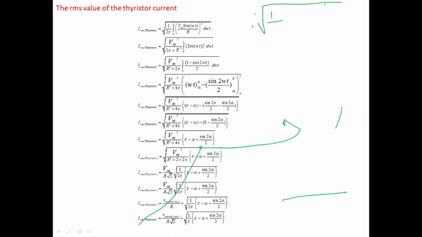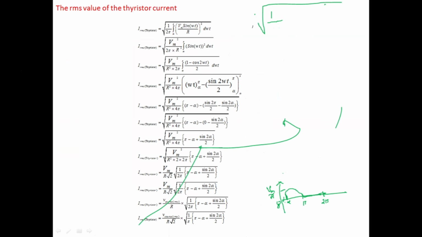If you consider this my waveform, 0 to pi, it starts at alpha, follows like a sine, then this. What is this value? It is Vm by R, because this is a current waveform, starting at alpha from 0.